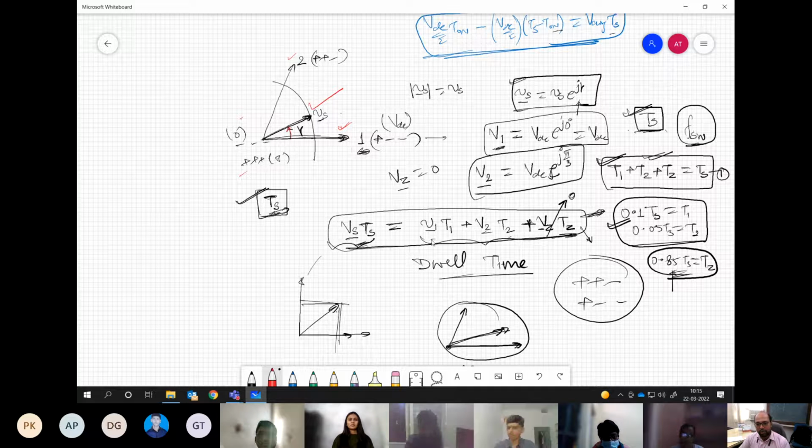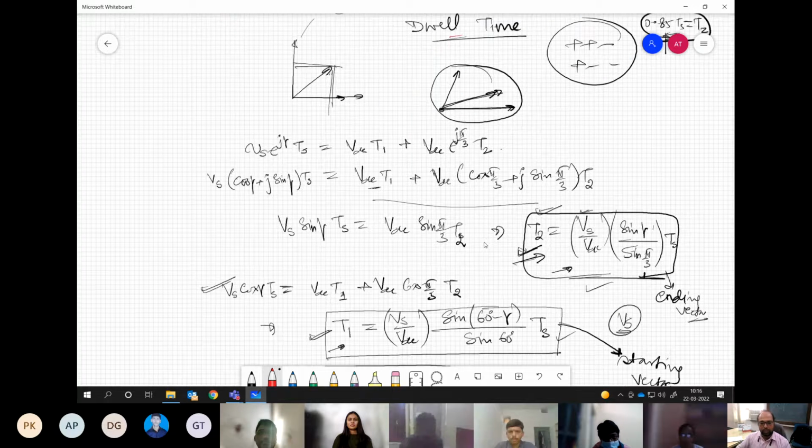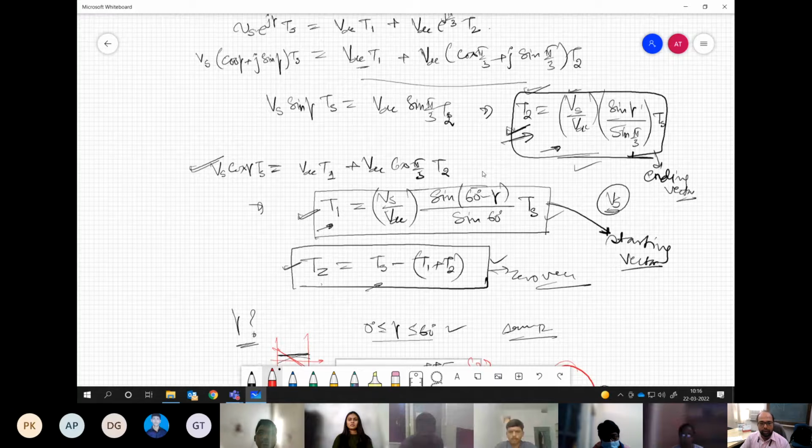First we are trying to see what is the time duration for which we need to apply these vectors. So T1 and T2 are the time intervals or dwell times related with vector 1 and vector 2 respectively. These T1, T2 can be solved in terms of the magnitude of the voltage vector which we are trying to realize and its location, which means the angle gamma.